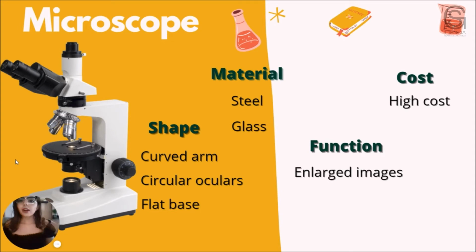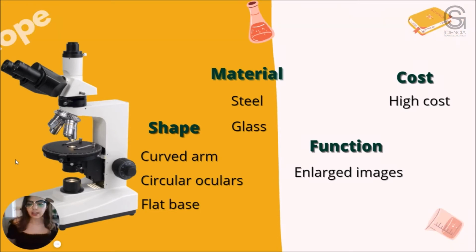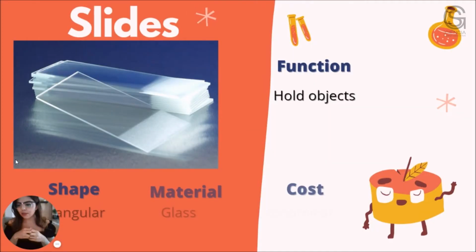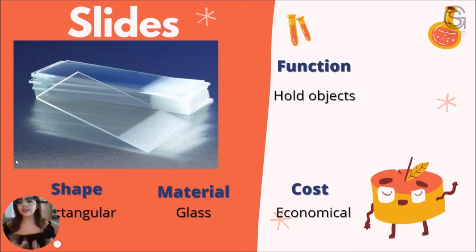So we are going to talk about the second object that is like a complement to the microscope. They are called slides. As you can see in the image, they are like pieces of glass whose main function is to hold objects in a microscope, and they have a rectangular shape.